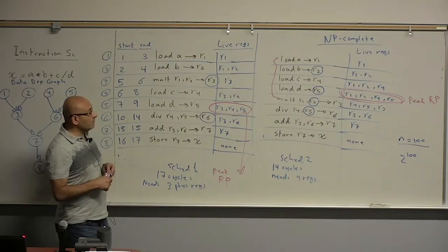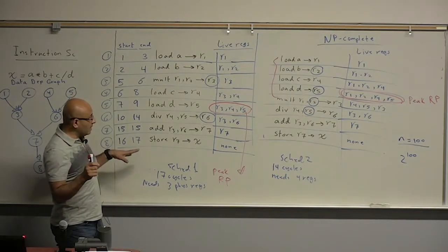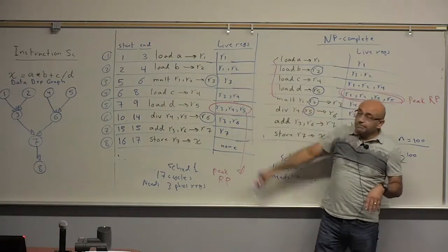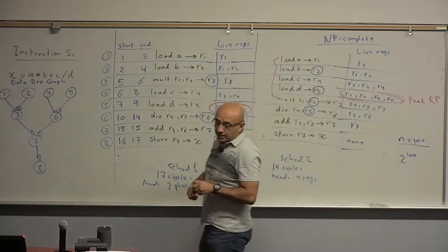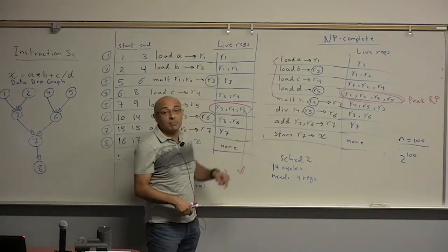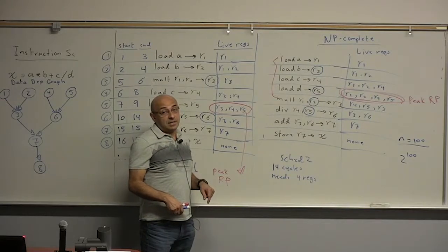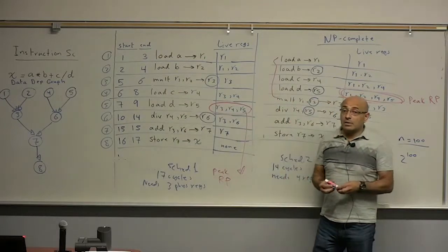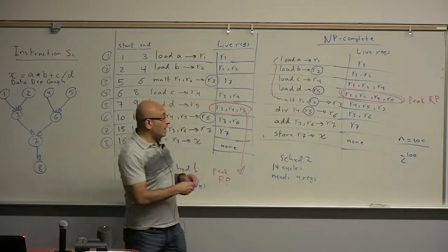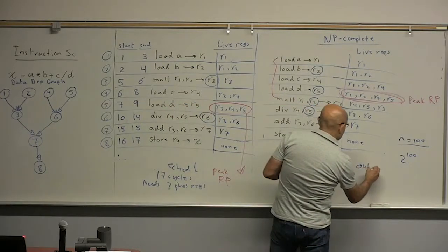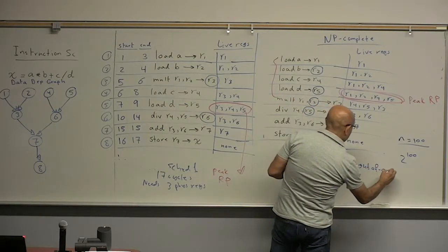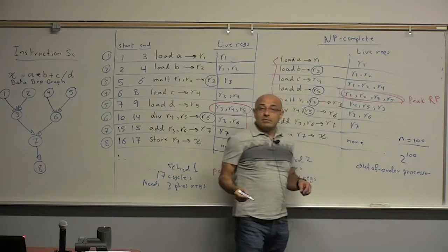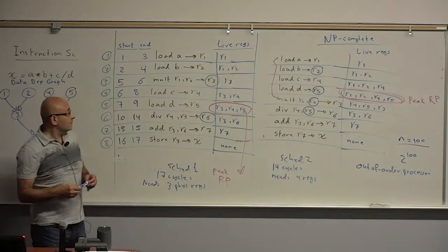Now, the question is, if you are designing an algorithm for instruction scheduling, should you focus on minimizing the number of cycles or focus on minimizing the number of registers? Now, again, this depends on the target architecture. And in fact, if you are generating this code for an out-of-order processor, what does an out-of-order processor do in this case?